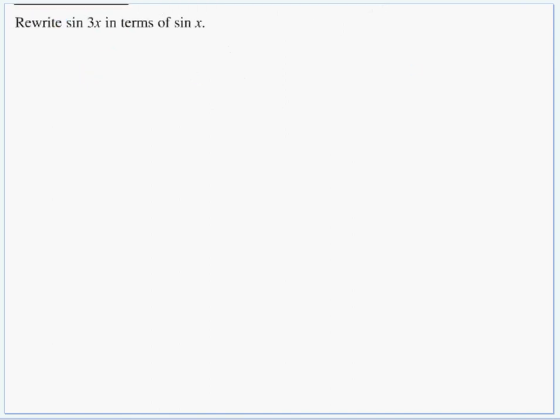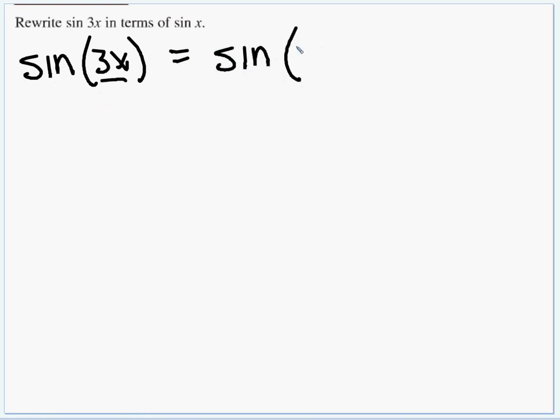Here we go. So we've got the sine of 3x. And we could rewrite 3x without breaking any of the laws of math. 3x is 2x plus 1x. Aha. Remember a couple sections ago we had formulas for sines of a sum? This is the sine of a sum.